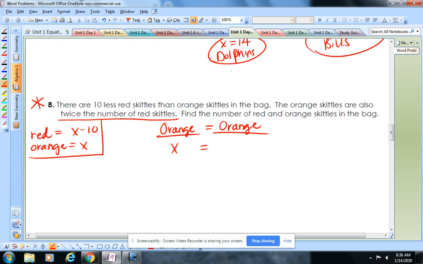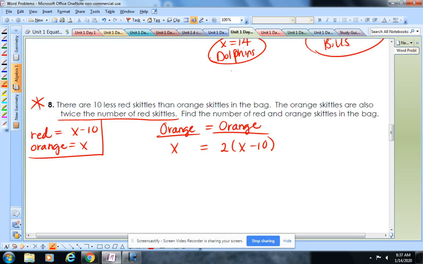Well, 2 times the quantity X minus 10. 2 times all of it. So, y'all see that? X represents orange, and also double the red also means orange. Does that make sense? So I set the two values that both represent orange equal to each other. Because they didn't tell me together orange and red make 52 Skittles. They didn't do that.